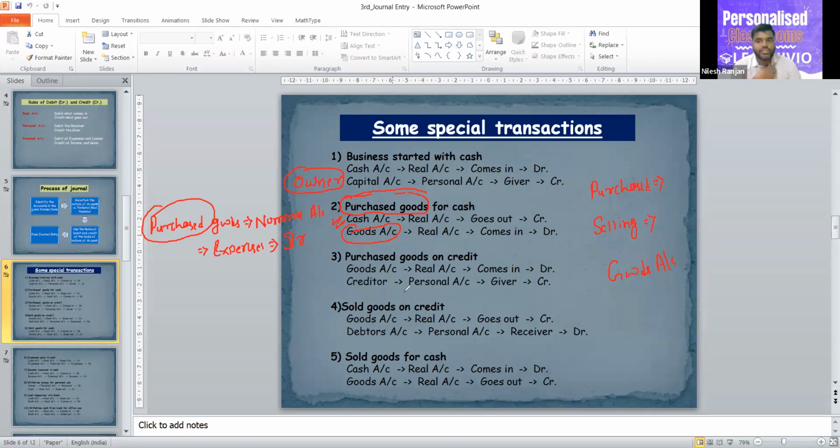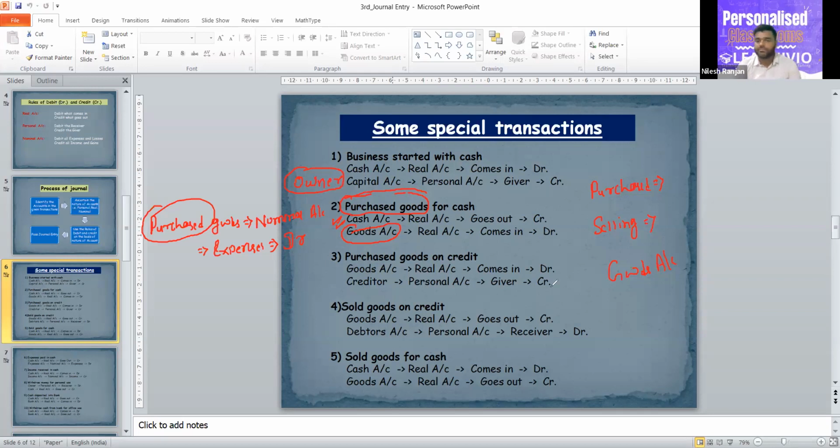If we are purchasing goods on credit basis, then he is giver only, because he is giving us goods, and in return he is not receiving anything right now. In future he will receive, but not right now. That's why he is a giver right now, and giver will be credited. So creditor is a personal account, giver, credit.